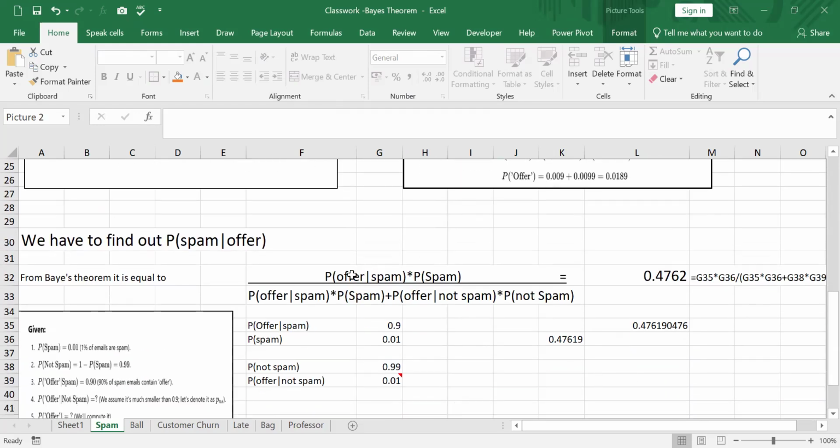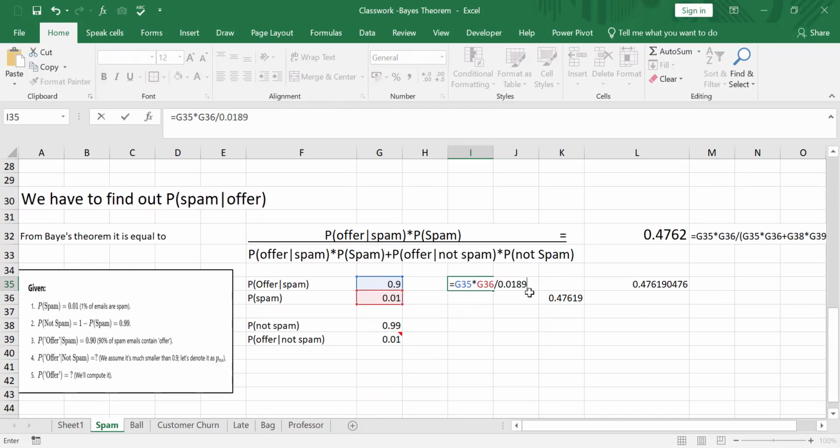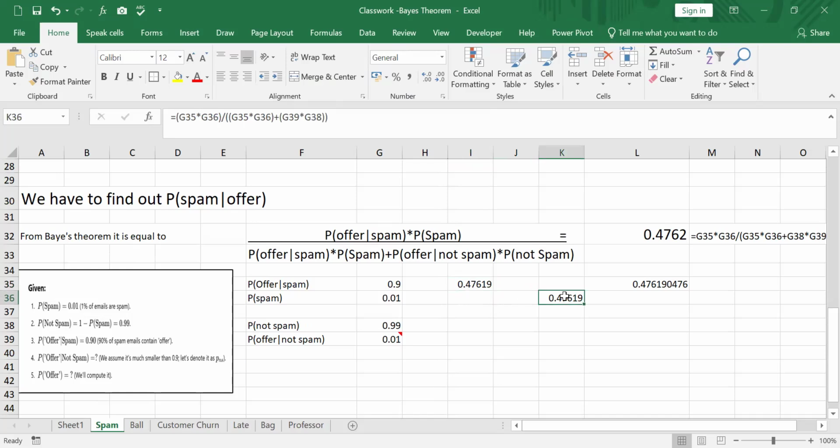So in the numerator we have P of offer given spam, which is 0.9, and P of spam, which is 0.01. So we can simply say it is equal to P of offer given spam into P of spam divided by whatever we have calculated now, that is 0.0189, which gives 0.47619.